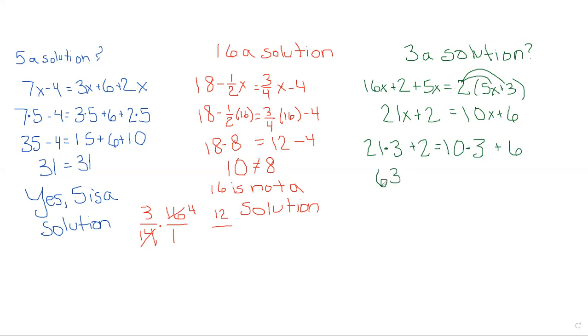So it's 63 plus 2 equals 30 plus 6. And I can already see this isn't going to work. 65 does not equal 36. So no. I'm going to type it. I don't feel like writing it. No. 3 is not a solution.